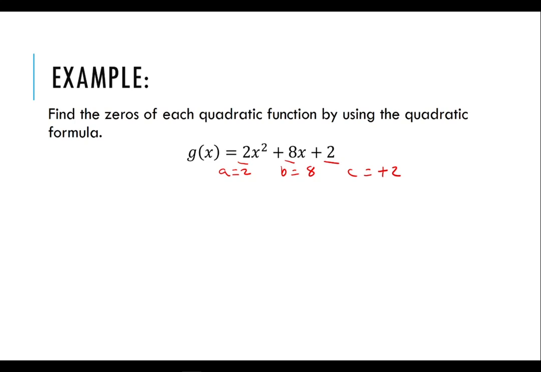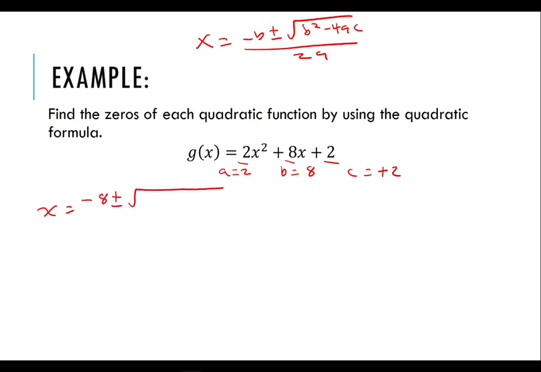Then the quadratic formula being x is equal to negative b plus or minus the square root of b squared minus 4ac all divided by 2a. I then just plug everything in. That is, x is equal to negative 8 plus or minus the square root of 8 squared minus 4 times 2 times 2, all divided by 2 times 2. Then let's just simplify everything and do as much arithmetic as possible.